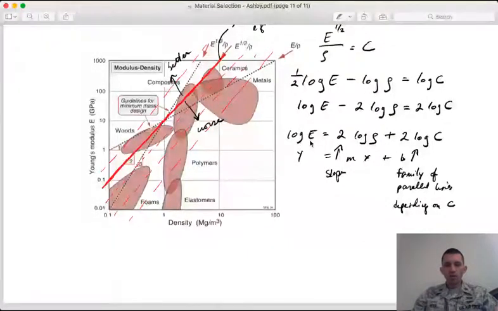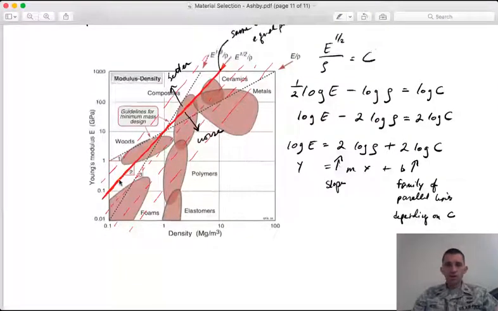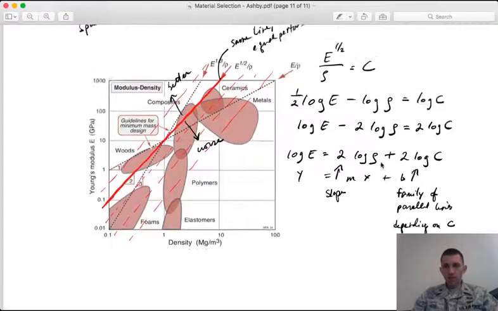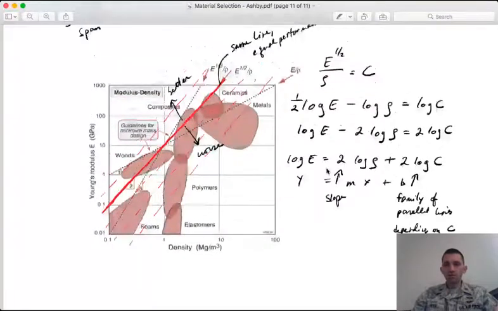Log of E is our y-axis, log of density is our x-axis, and then our slope is 2, related to our exponent, and our intercept is at C, which is indicative of sort of our optimization variable.